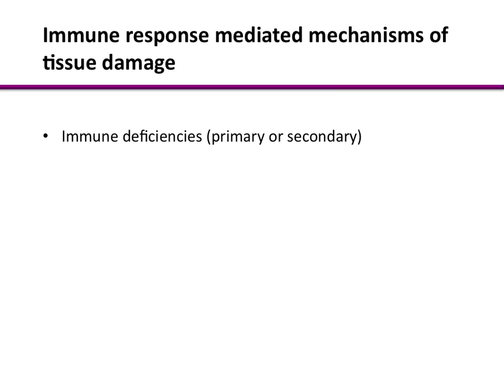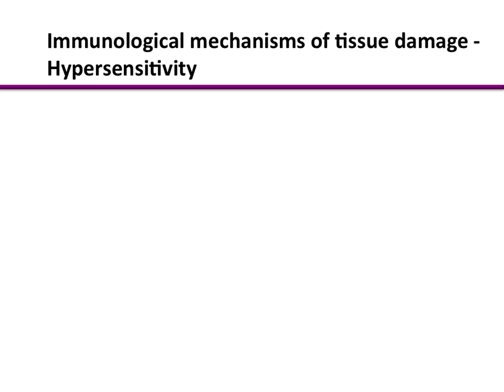Primary meaning that you were born with it, and secondary that you acquired it. On the other hand, the damage can also be caused by hypersensitivity, if your immune system is overly active and you get bystander damage. And then there is a question: can we modulate these two ends?